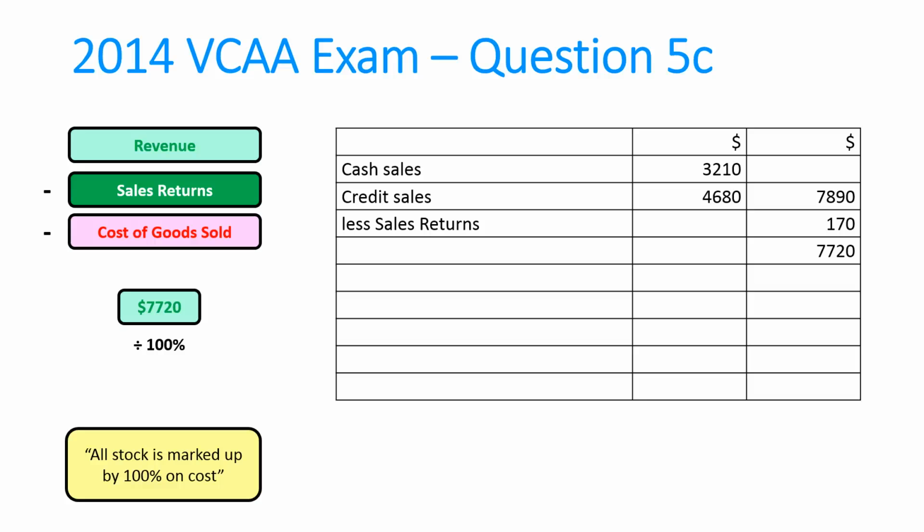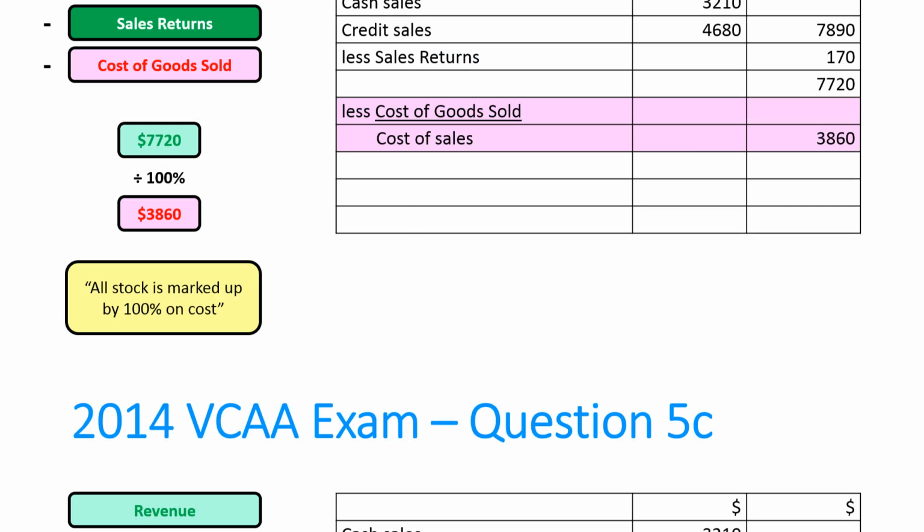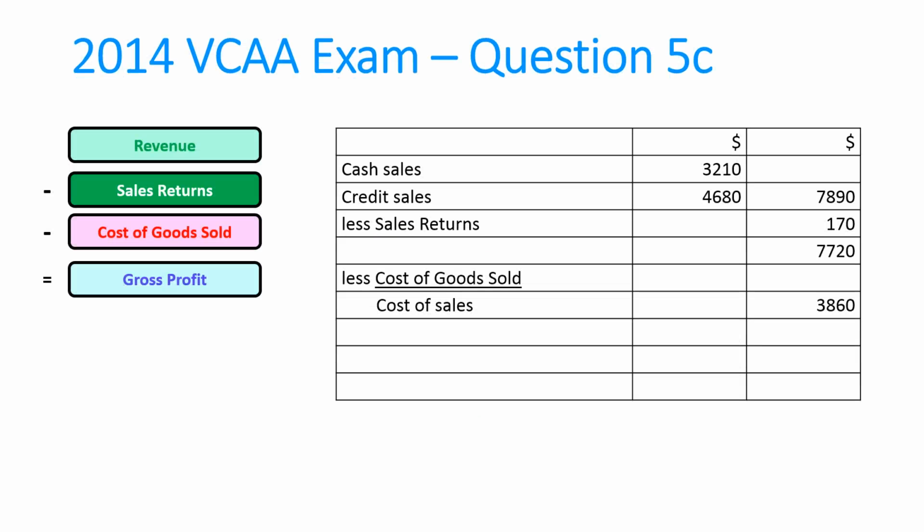So we're going to divide that number by 100%, and we'll get 3,860. And the beauty of doing it that way is that it will actually factor in the sales return, because that would decrease cost of sales. If we figure out that net sales are that, all we're going to do is divide it by 100%, and that'll give us a cost of sales of 3,860.